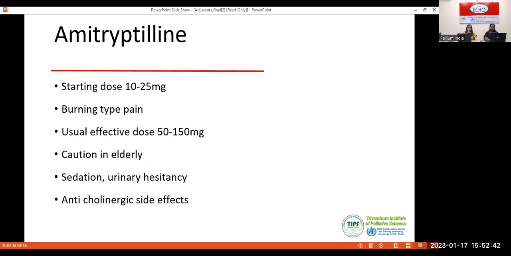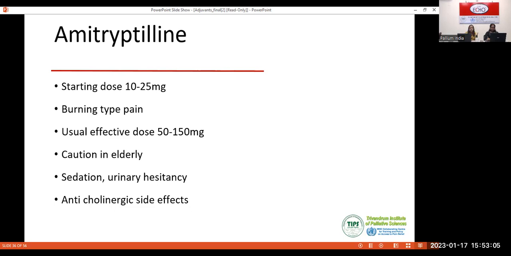You don't need to remember so many things, but to understand the drug, amitriptyline is one of the very commonly used adjuvant analgesics. Generally, it is an antidepressant, right? This is given for patients with depression and they sleep. You take the medication and sleep off. But when you treat depression, the doses are pretty high.